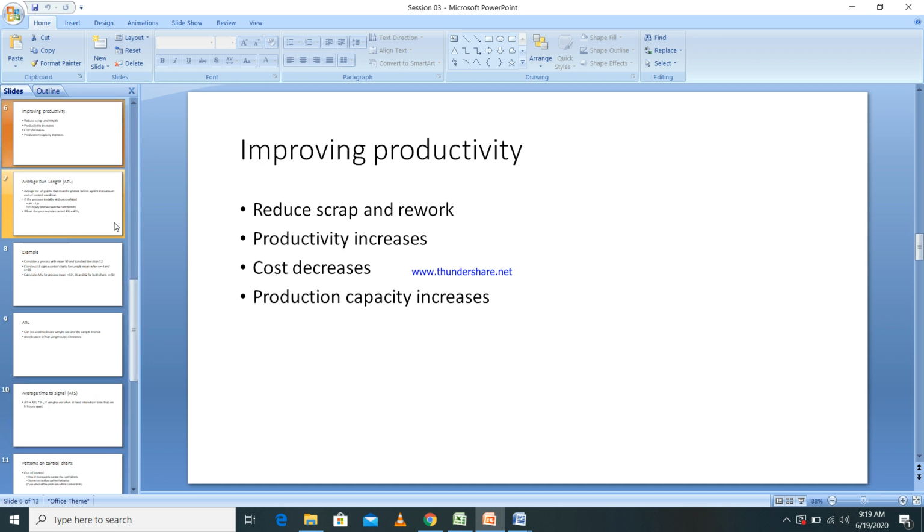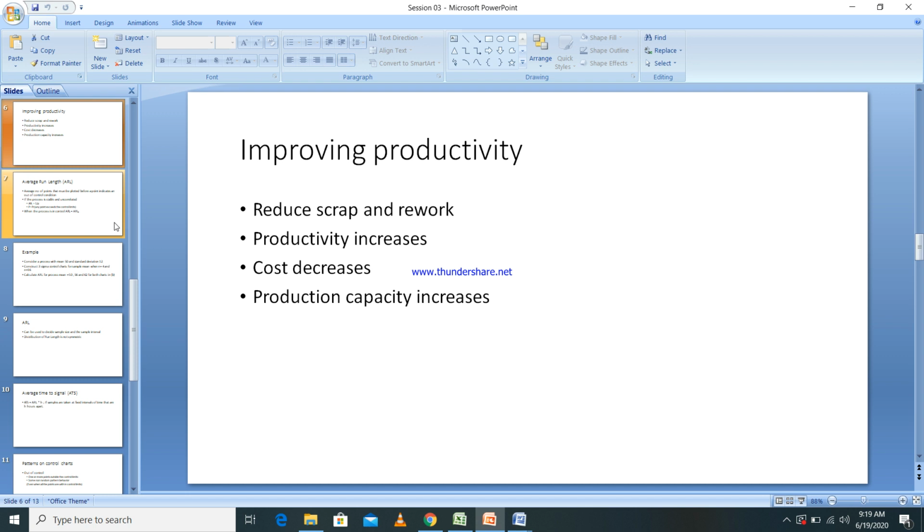And then when it comes to improving productivity, why do control charts improve productivity? These are the reasons. It reduces scrap and rework. Since we are going to maintain the quality at a high level, it will reduce scrap and rework.